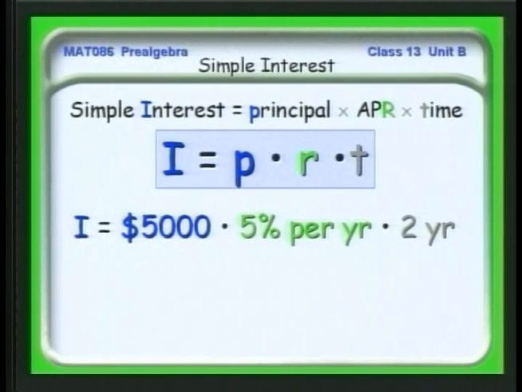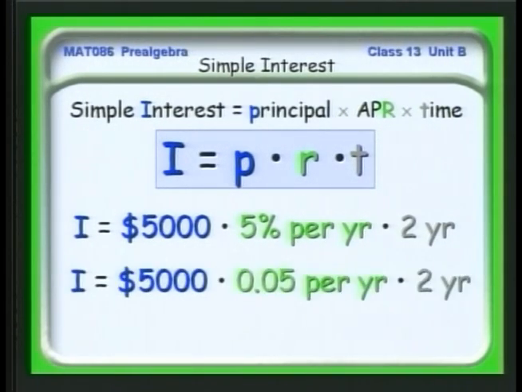For example, if I have $5,000 that I've lent someone, and they're paying me back at 5% of that $5,000 per year, and they're going to pay me at the end of 2 years, I can ask, how much in addition to the $5,000 am I going to get for the use of their money?